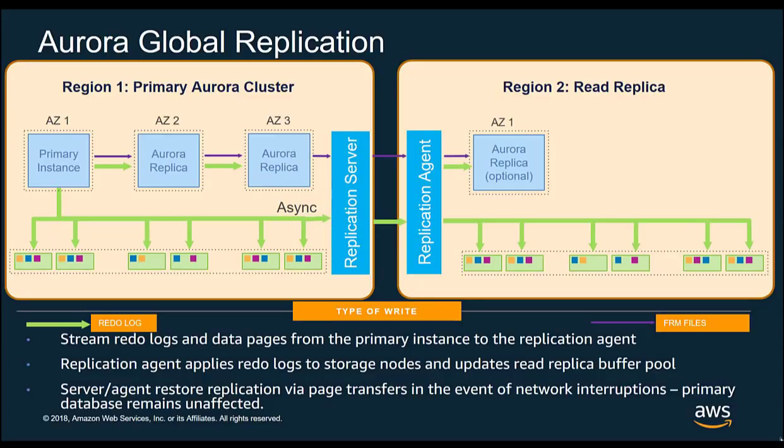And so one of the advantages here architecturally is that with any other replication technology, you would need to have a replica, a compute instance that is online and running in that second region. With Aurora Global Replication, that's optional, because the replay of that data, the actual application of that data with traditional replication technologies, requires that compute resource to, say, replay a bin log, for example, in that other region.